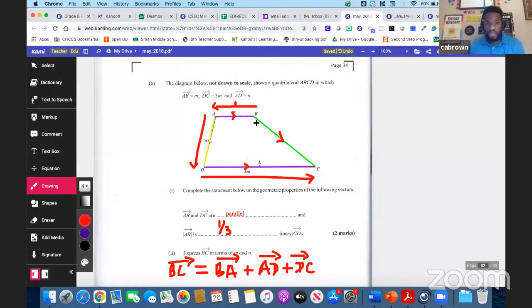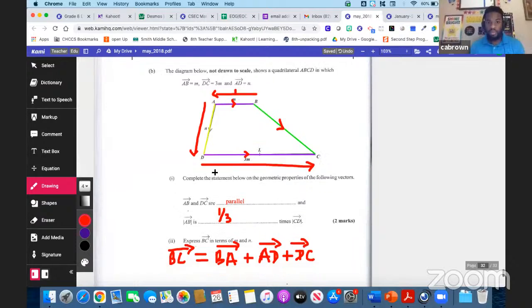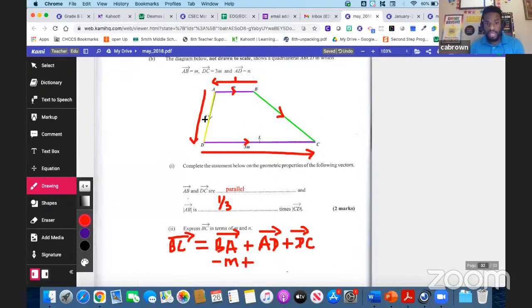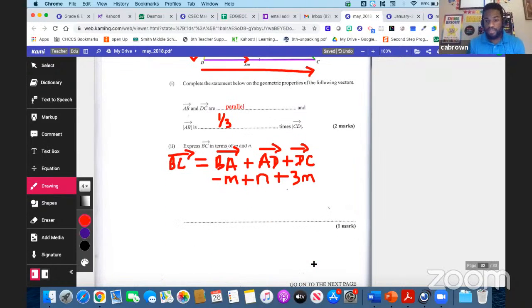Now, we were given that A to B is positive M. If we're going in the opposite direction, B to A will be negative M. Plus AD. AD is N. That's it right there. Plus DC, which is 3M. This can be simplified.